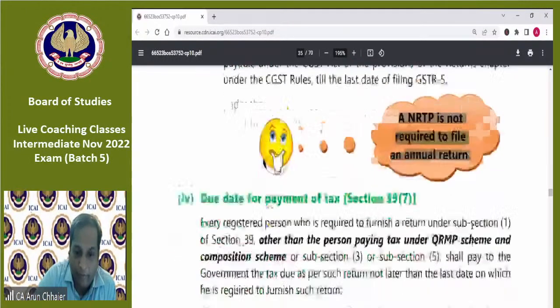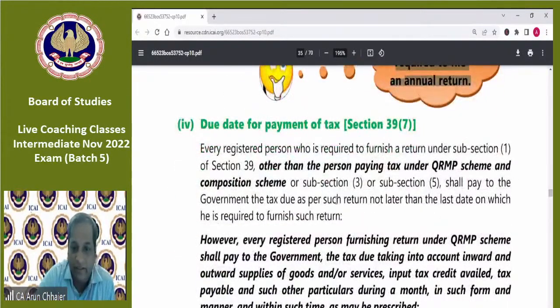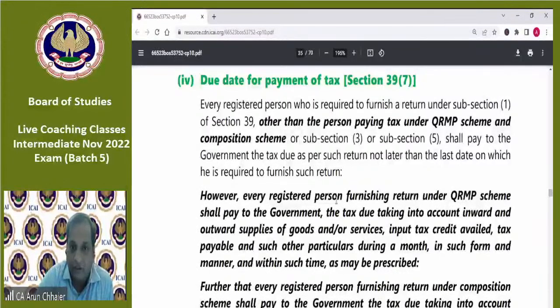Due date for payment of the taxes, we have already discussed. In case of monthly, it would be 20th. In case of the quarterly, for month 1 and month 2, it is the 25th. But for the third month, for which you file the GSTR 3B, whatever the due date of the 3B is, the same date would be the due date for the payment of taxes.